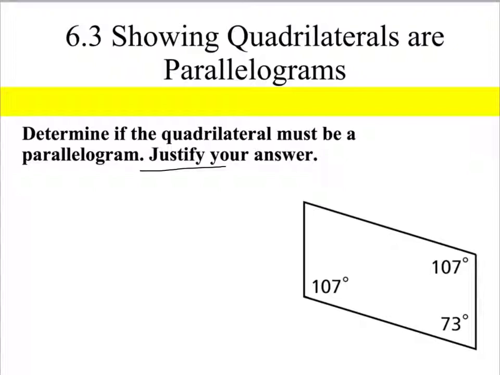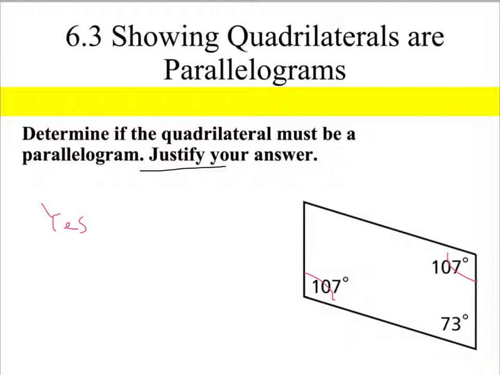All right, so if we look at this, we know that 107 is obviously congruent to 107, and we also have a 73-degree angle. So according to our theorems, is this a parallelogram? Yes, it is, absolutely. Now, which theorem allows us to say that?